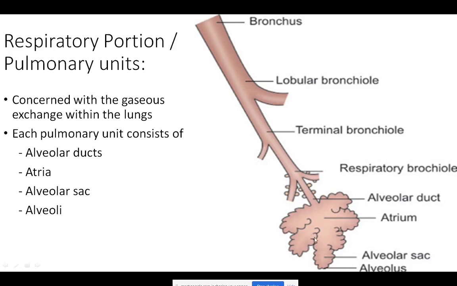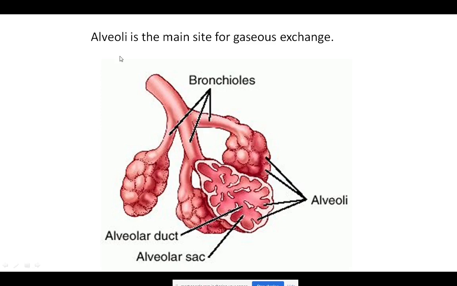Inside the alveolar sacs there are many alveoli. This respiratory portion, or the pulmonary units of the bronchial tree, is concerned with gaseous exchange. This is the portion where the gas exchange occurs. The alveoli are the main site for gaseous exchange.